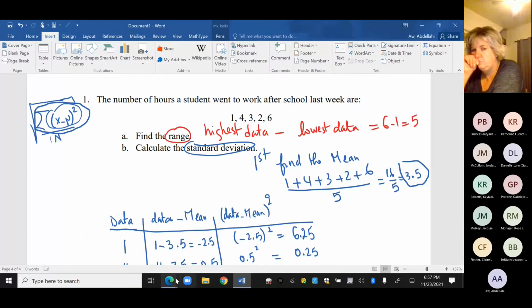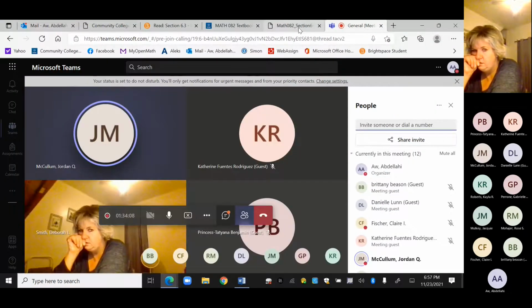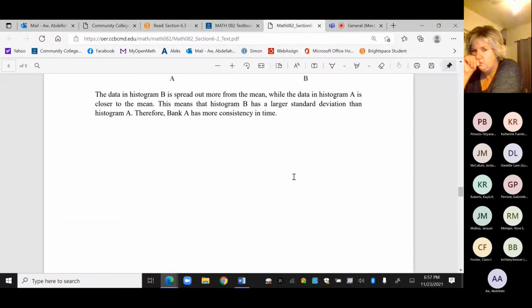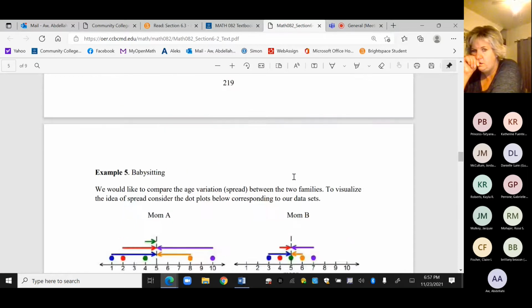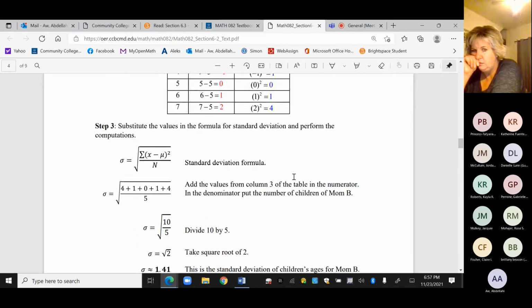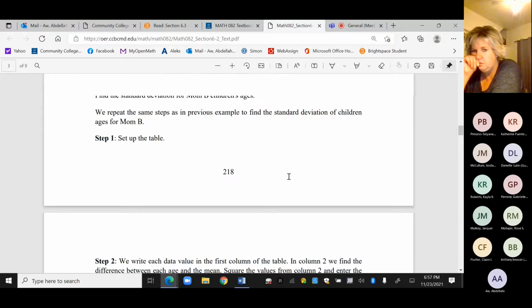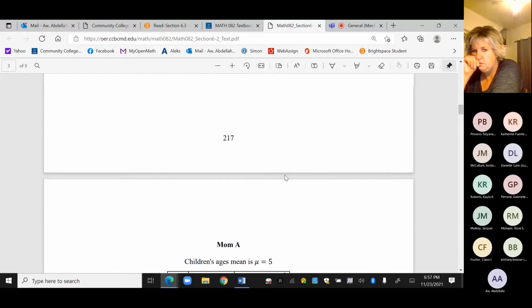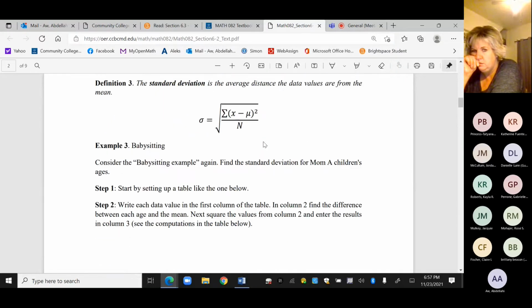Now what's next? The next step is to divide by n, and this is where we need to talk a little bit, because in the standard deviation formula we have two types of divisions. We divide by n when we're talking about a population. If it is a sample, then we would divide by another number.